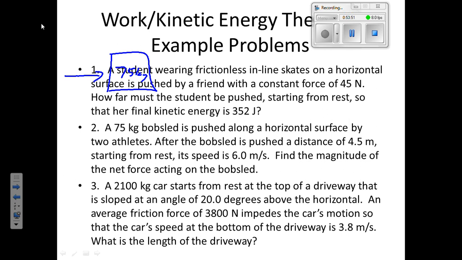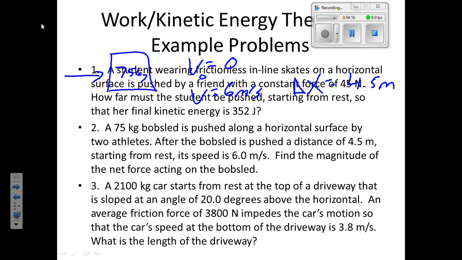We push it, it starts at rest, so its initial velocity is 0. It ends up at a final velocity of 6, and it goes from 0 to 6 over a displacement of 4.5 meters. And we're trying to find the net force.